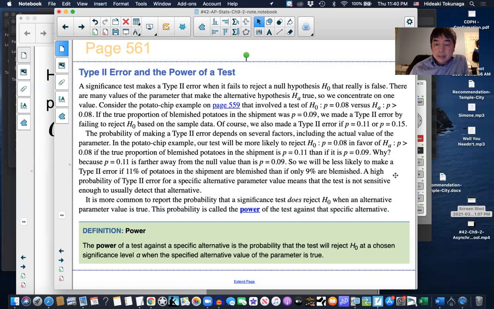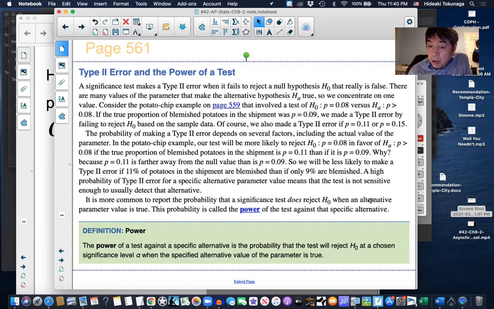A high probability of type 2 error for a specific alternative parameter value means the test is not sensitive enough to usually detect the alternative. It is more common to report the probability that the significance test does reject the null hypothesis when the alternative parameter value is true.